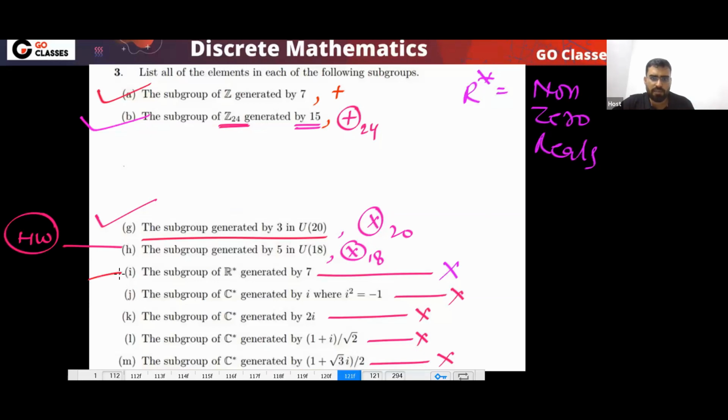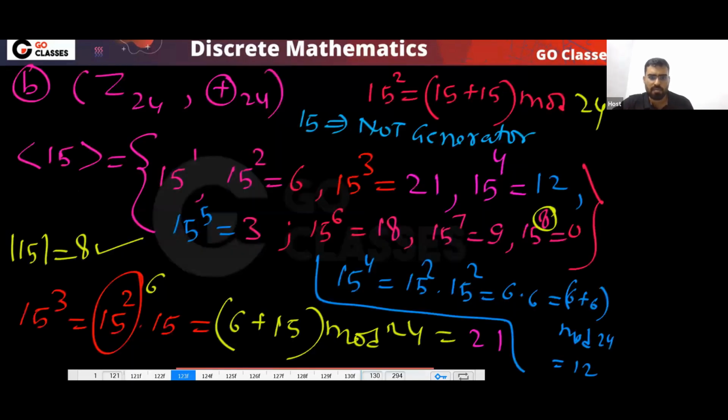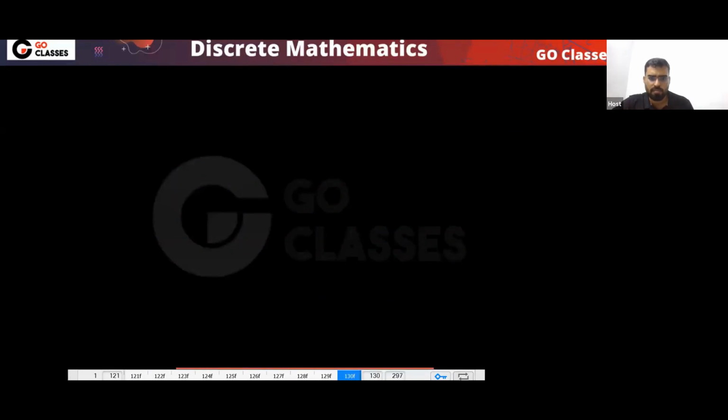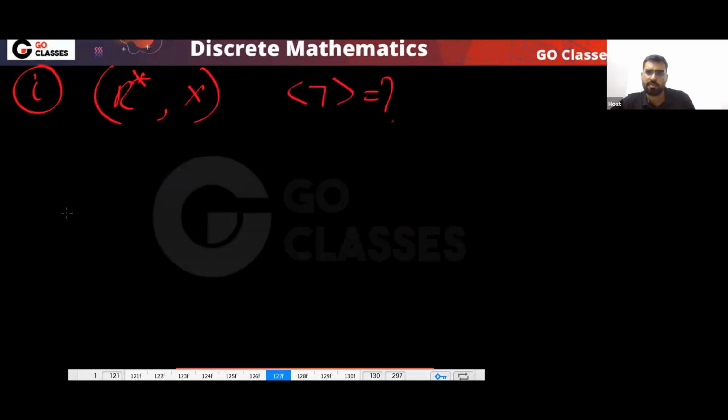First, in R star, non-zero real numbers with multiplication, what is the subgroup generated by 7?